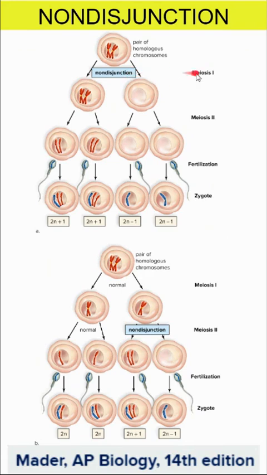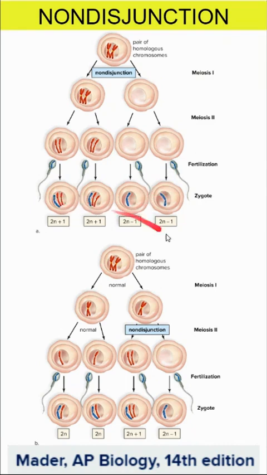If nondisjunction happens during meiosis 1, we don't split the homologous chromosomes, and therefore, these have too many. Again, they should only have one in each, and these are missing that chromosome. So when this egg is fertilized with the paternal chromosome, this will result in monosomy, and this will result in trisomy.